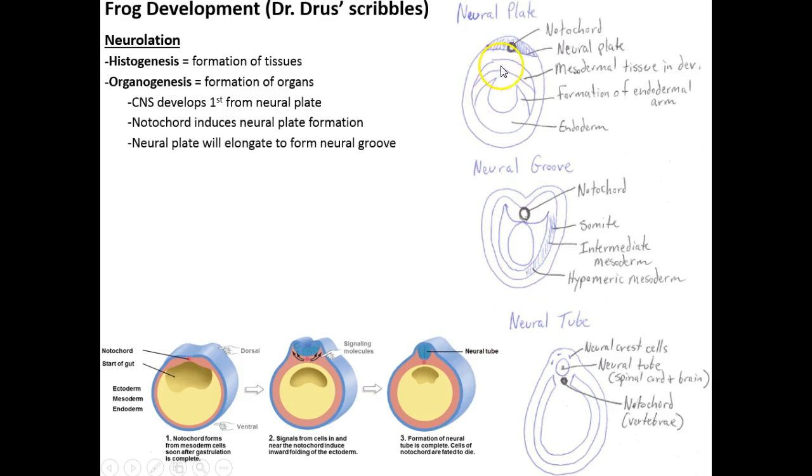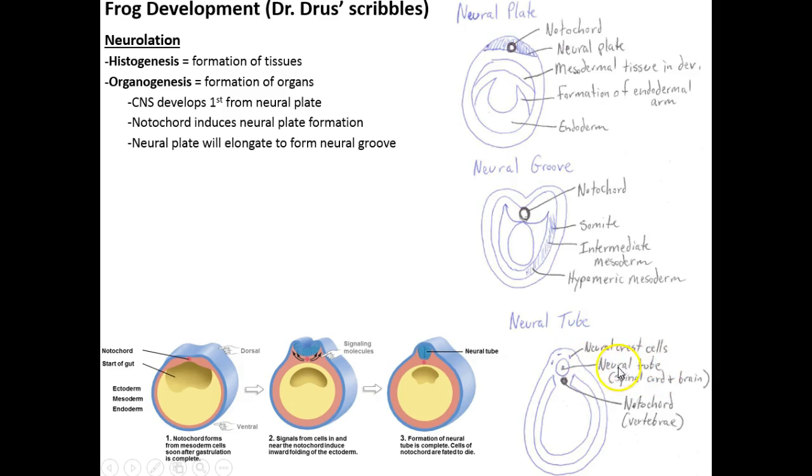What's going on on the inside is that you have further development of mesodermal tissues, endodermal tissues, and as it starts to develop more, you have somites, intermediate mesoderm, and hypomere that are going to develop into different parts of your nervous system and musculature. And then finally you have your neural tube and neural crest cells.